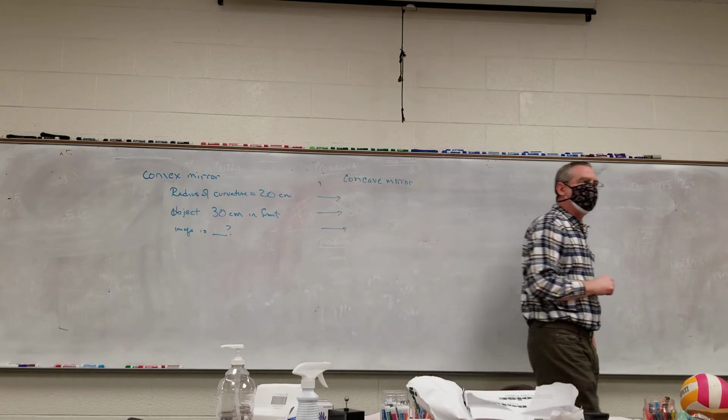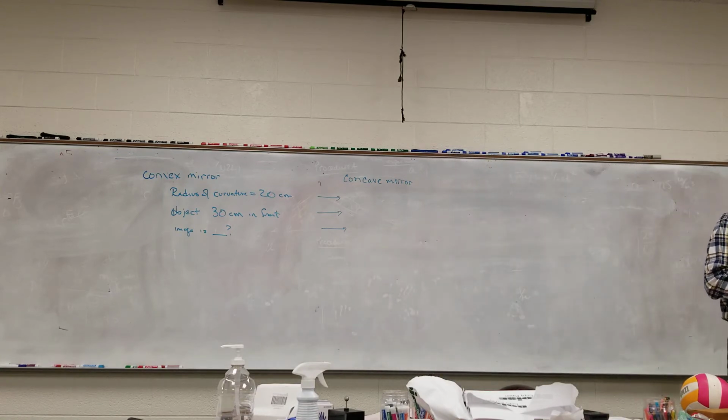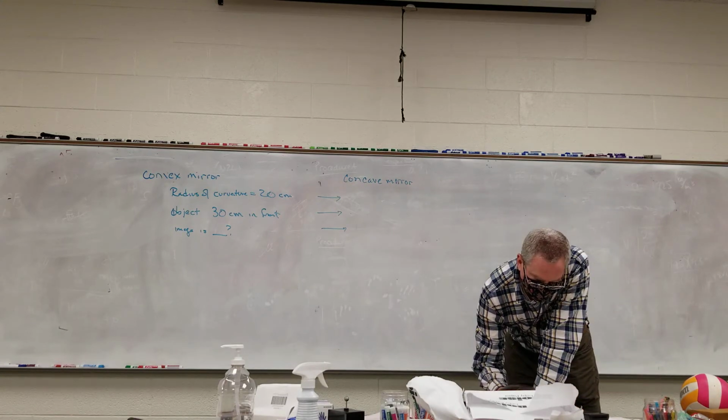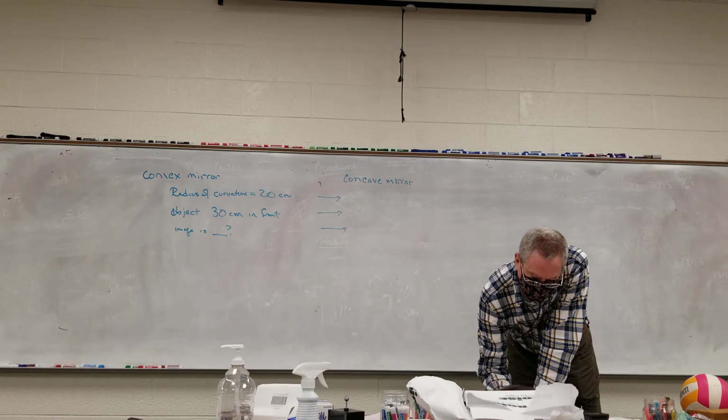So for the convex, the focal point is going to be negative, right? It's behind the mirror. Yes. Okay, so for convex, it would be negative 10 centimeters. So then q would be negative 15.